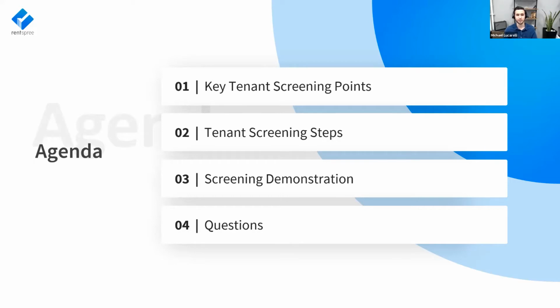I'm going to break down step by step all the aspects that need to be covered and what you need to be thinking about for each step, as part of an A to Z screening process. From there, we'll go into a screening demonstration where I'll explain how you can start screening your first tenant in about 2 minutes using Rentspree, a tool that's offered to you and made available specifically for this purpose.